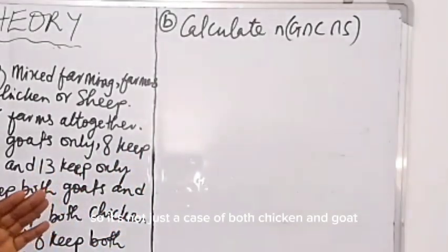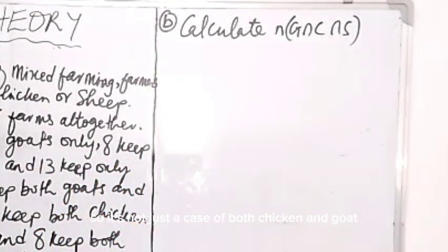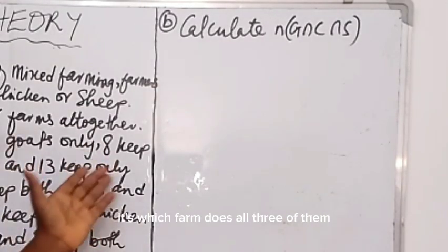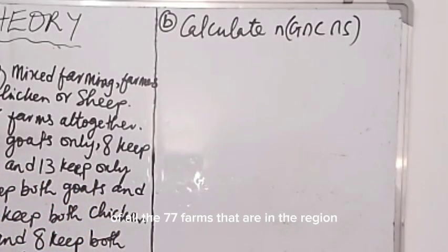So it's not just a case of both chicken and sheep, or goat and chicken. It's which farms do all three, of all the 77 farms in the region.